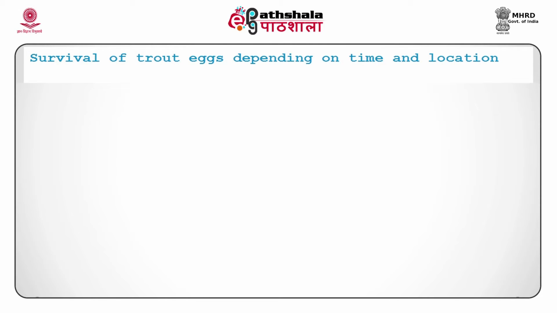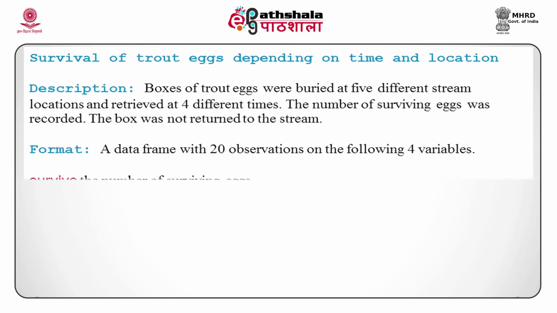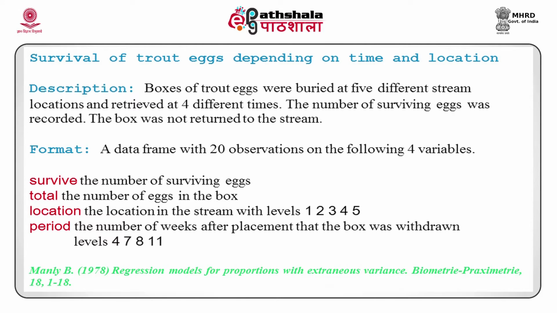Finally, let us look at an example in R which illustrates residual analysis. Our data set here is the survival of trout eggs depending on time and location. So boxes of trout eggs were buried at 5 different stream locations and retrieved at 4 different times. The number of surviving eggs was recorded in the dataset troutegg as the variable survive.